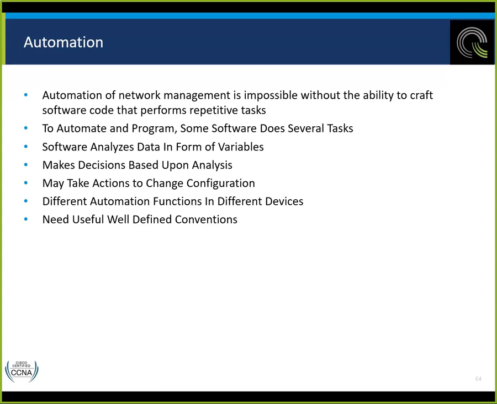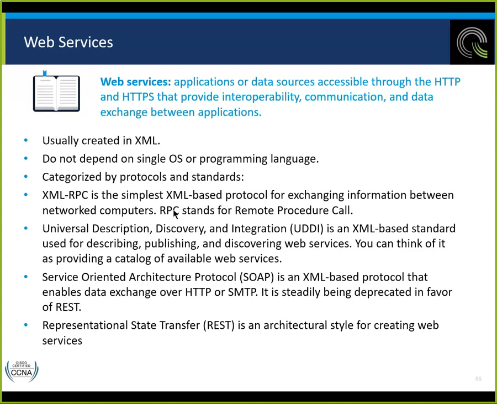We can make changes. We may take actions to change the configuration, with different automation on different devices, and we need useful, well-defined conventions and protocols in order to be able to do those things. Web services: we looked at an XML file, what an XML template looks like, but web services are applications and data sources accessible through HTTP or HTTPS, providing interoperability, communication, and data exchange between applications.